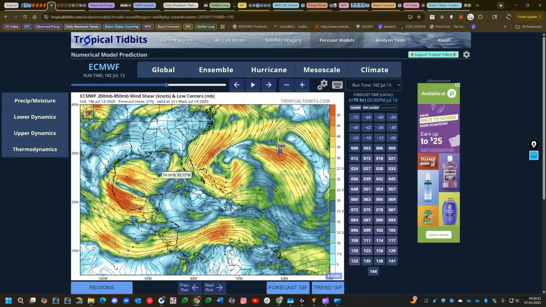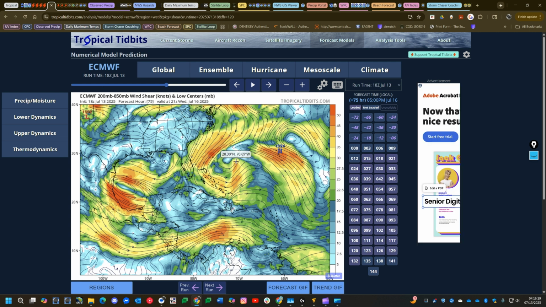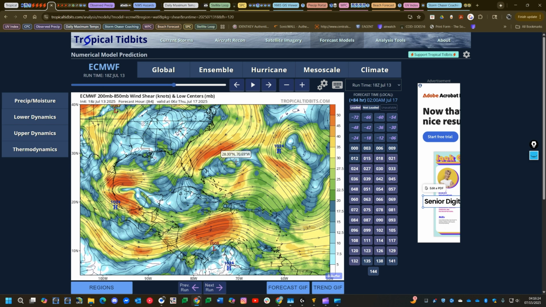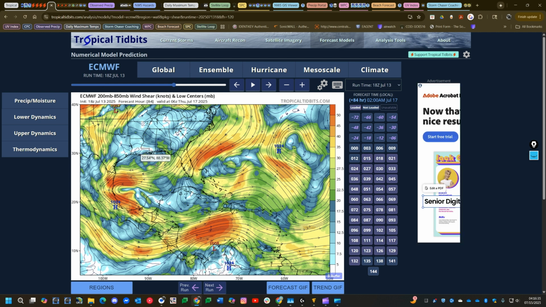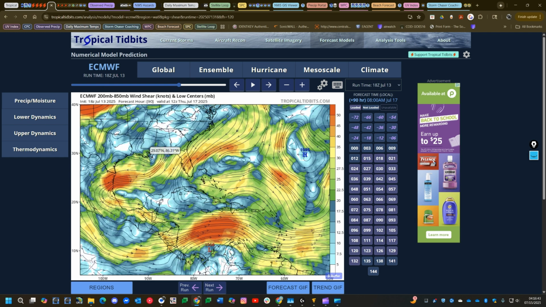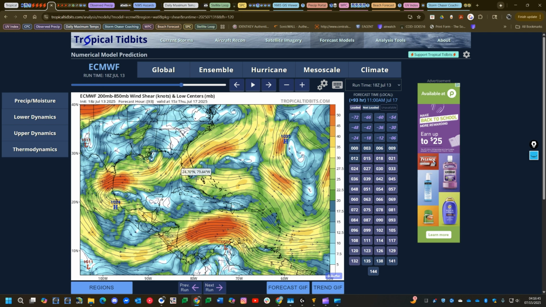Although there appears to be a high pressure system that develops over top, which, if that plays out, could be a reflection of the system at the surface. When you have tropical systems develop, they try to support their own environment. So we'll just have to see how that plays out.